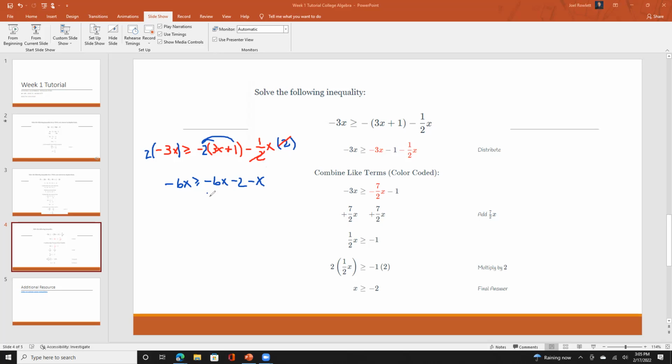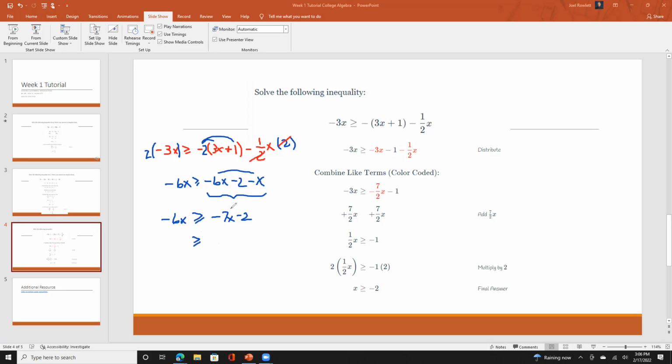I'm going to combine like terms here on the right side. And if I combine like terms on the right side, I'm going to have -6x minus 1x, which is -7x, minus 2. And on the left side, I still have the -6x. And now I'm going to add 7x to both sides.